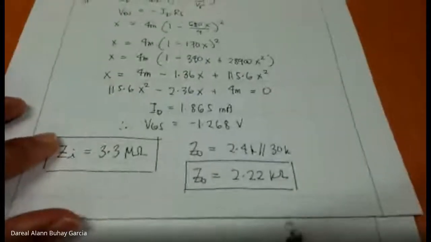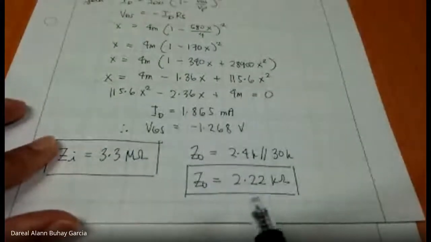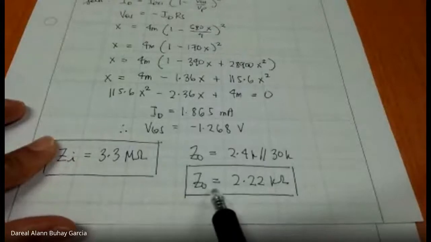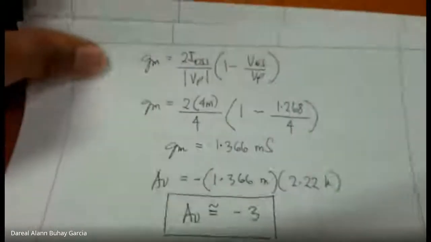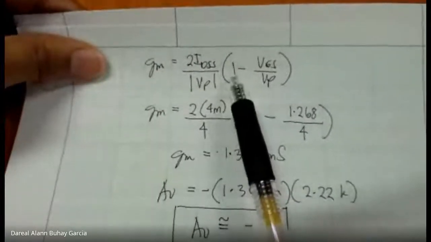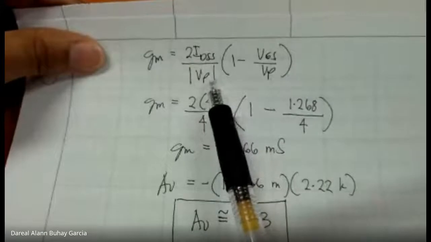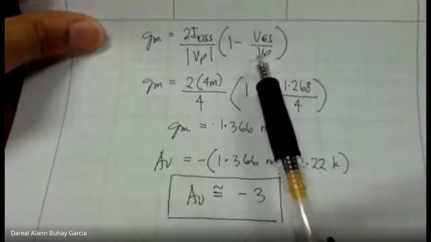Last but not least, voltage gain. For self-bias, it's just the product of output impedance and transconductance GM. GM is 2 IDSS over VP times 1 minus VGS over VP.